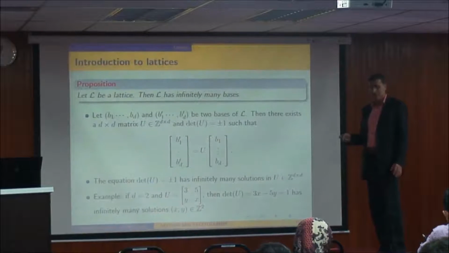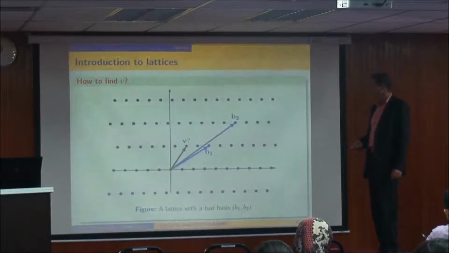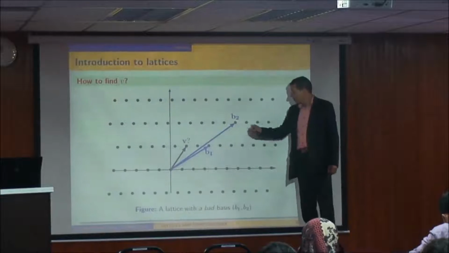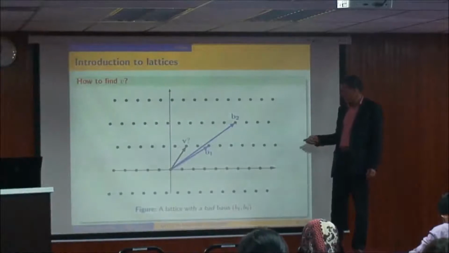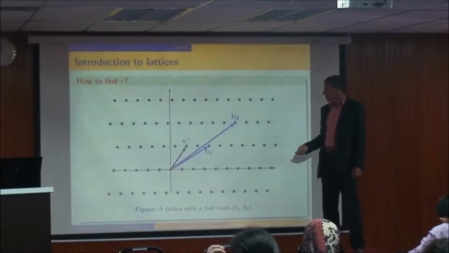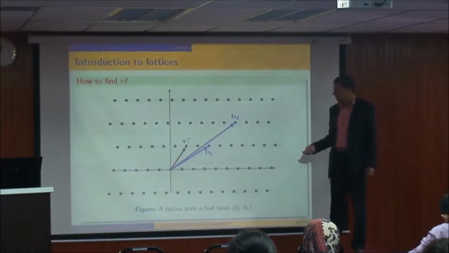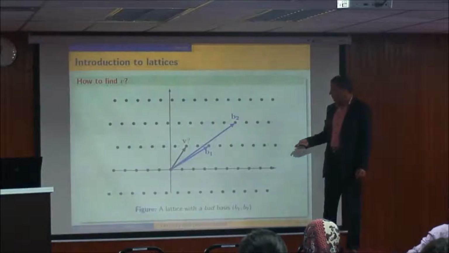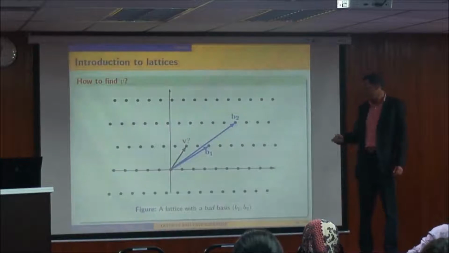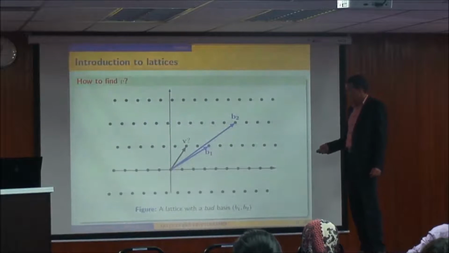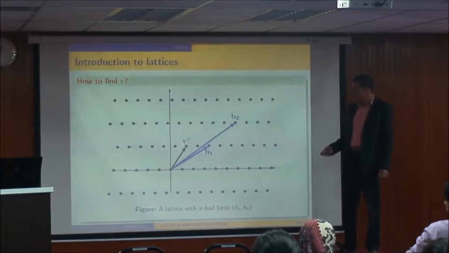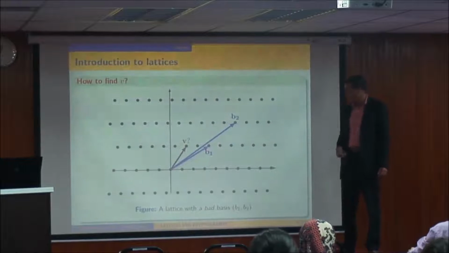We can find that some bases are better than others. For example, in this situation, we have a lattice with this basis. How can we find this vector? It is not very easy to get this vector using V1 and V2, because here V1 and V2 are large, and it's not easy to find the values that will give the linear combination that gives the vector V by using V1 and V2.